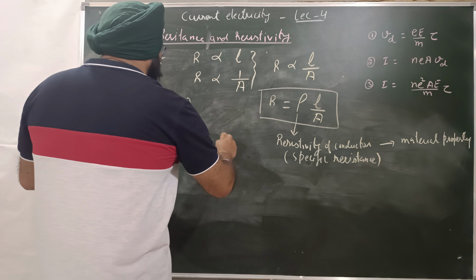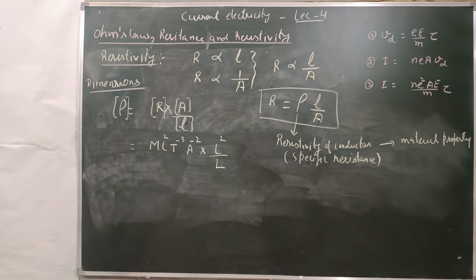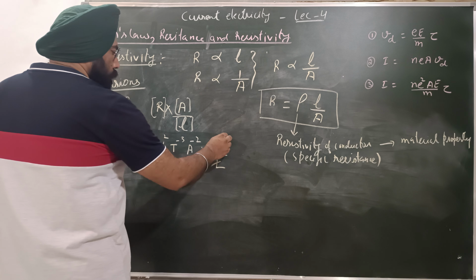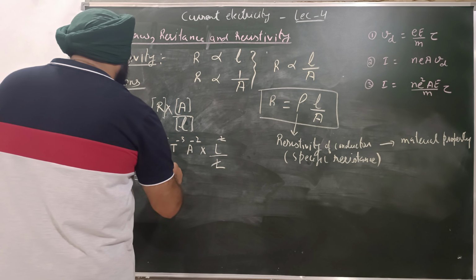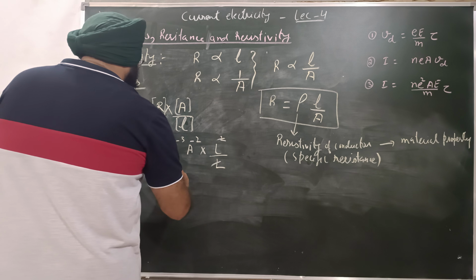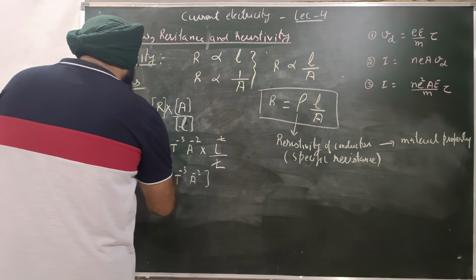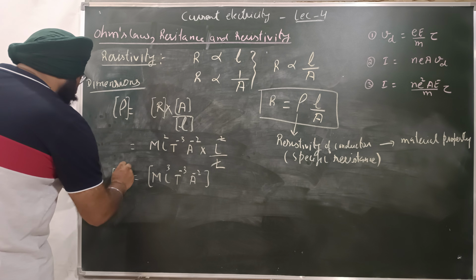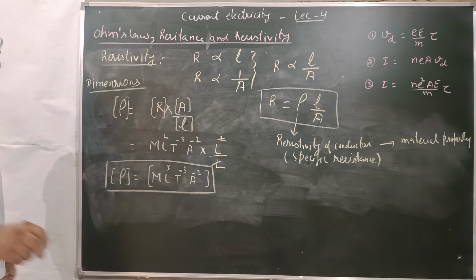Area stands for L square, length stands for L, so this will get cancelled with this power 1. So M L raised to power 3, T raised to power minus 3, A raised to power minus 2. These are the dimensions of resistivity. Please make a note of this.